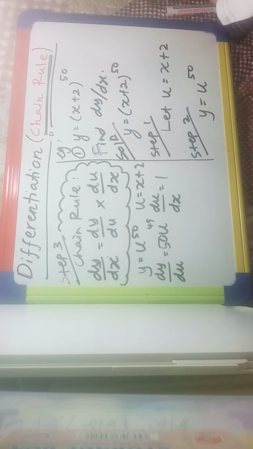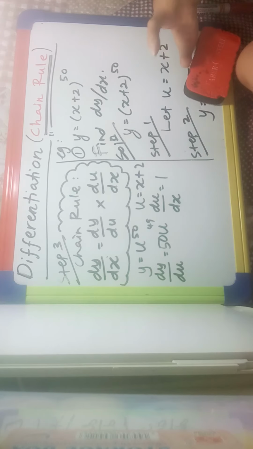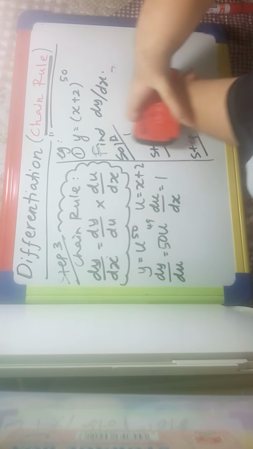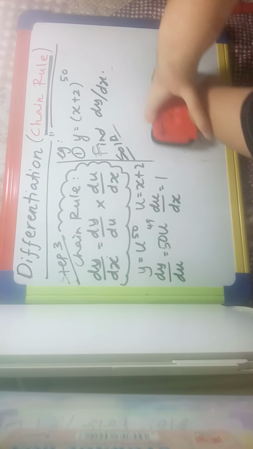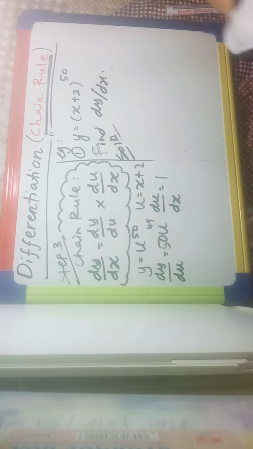Okay, so du dx is equal to 1. Now I have my dy over du and du over dx. Okay, next step, step number 4.